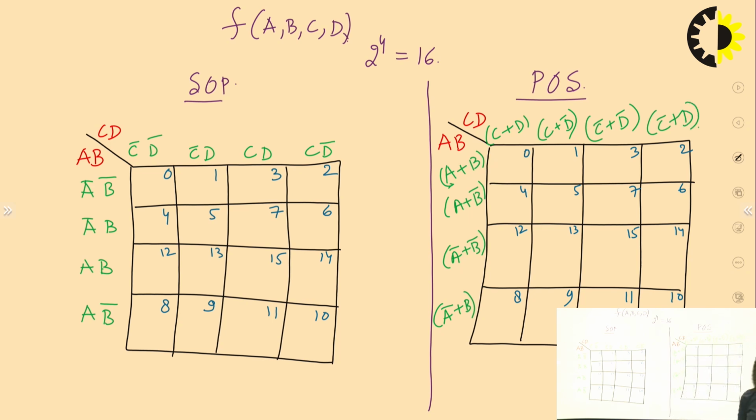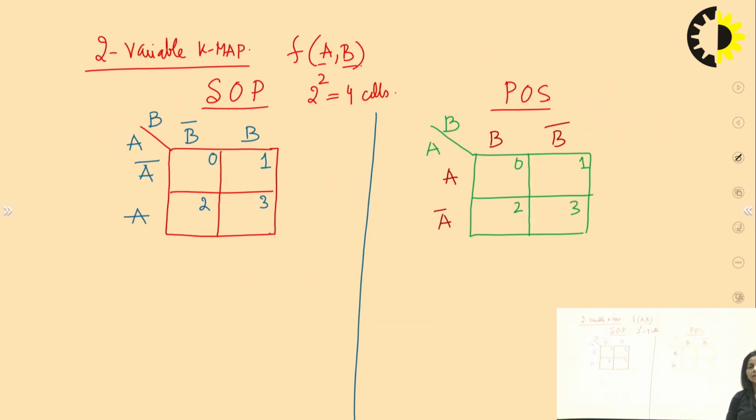So we have learned how to draw the 2 variable, 3 variable, 4 variable K-maps for SOP and for POS.